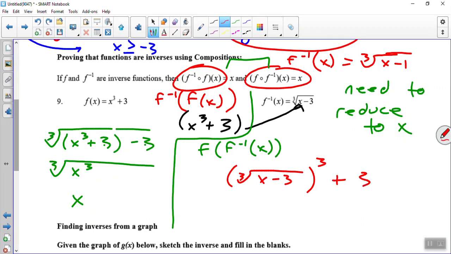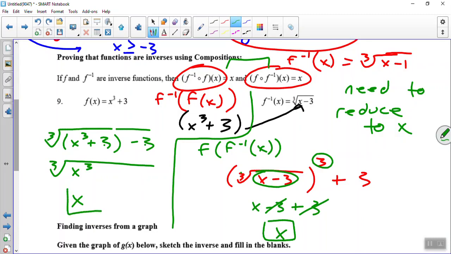All right, well, the cube of any cube root is just whatever's on the inside. Okay, so it's just x minus 3 plus 3. This equals 0. This reduces to x. You have to show it from both ways. Composition is not multiplication.